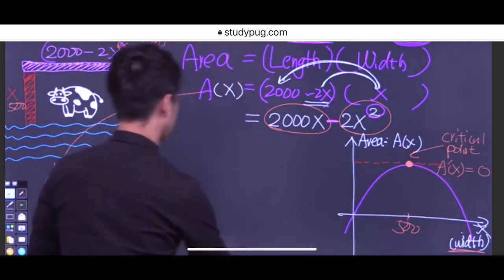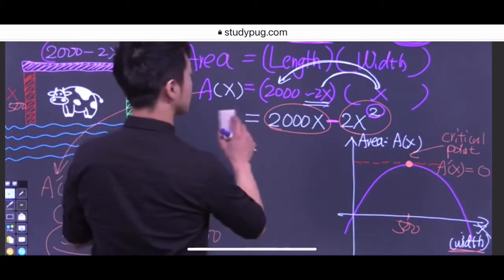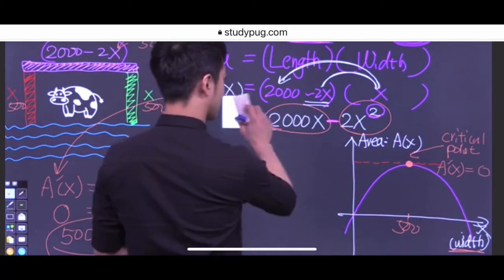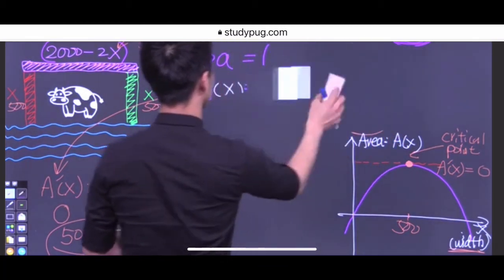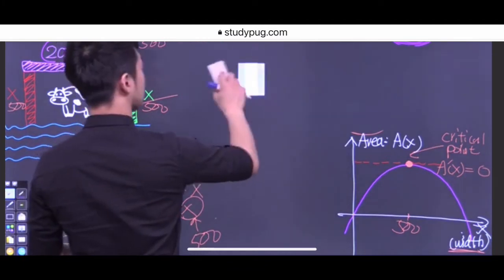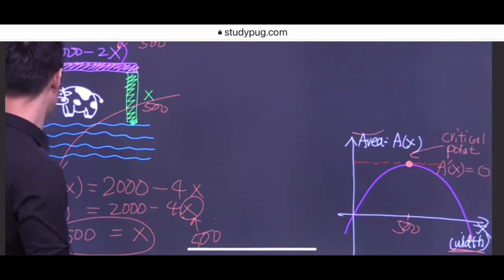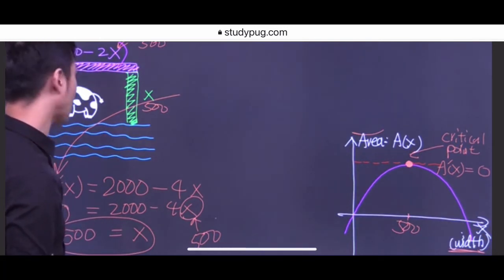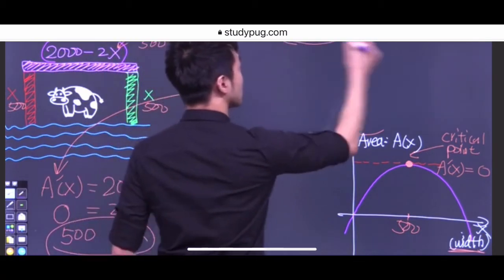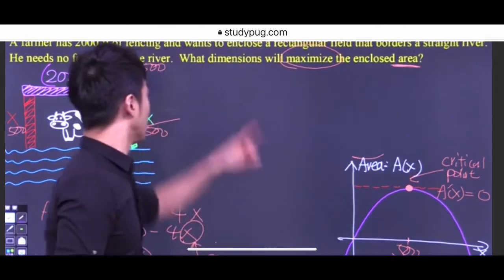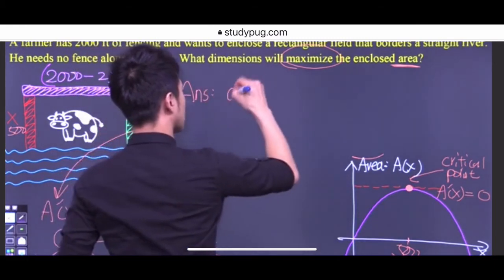So let's write the final answer. To maximize the area, the dimension must be, so our answer is, the dimension must be what?